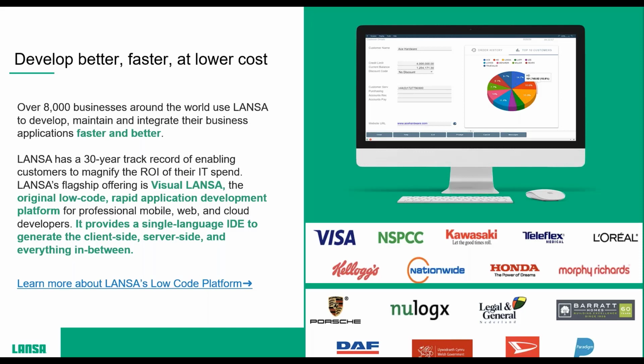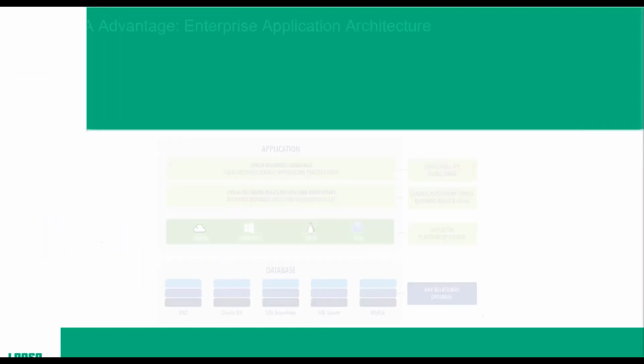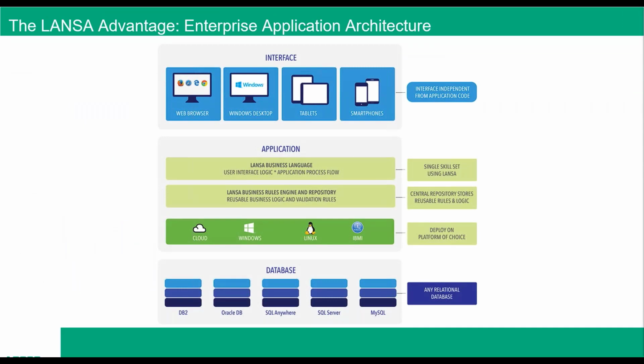And the way they've been able to do that is we have an architecture out of the box. Okay, so this is what the architecture looks like. Now, LANSA, the company, was started by a team of developers, believe it or not, back in 1987, who were looking at a way of not only developing applications faster, but also reducing the ongoing maintenance cost.